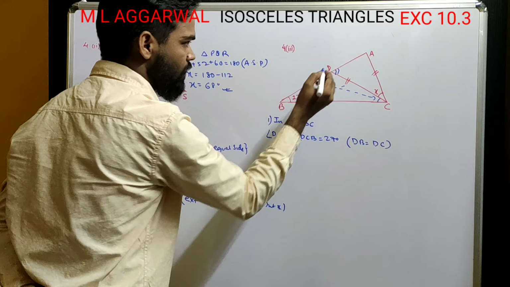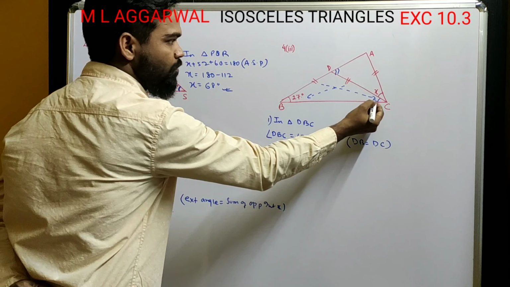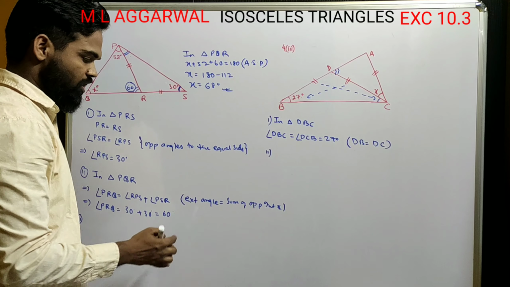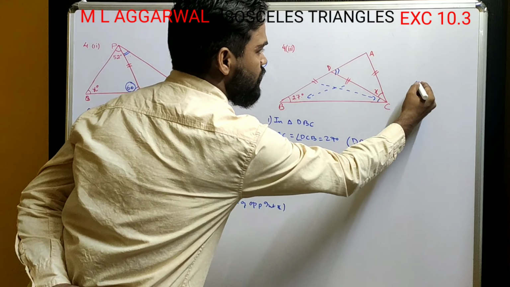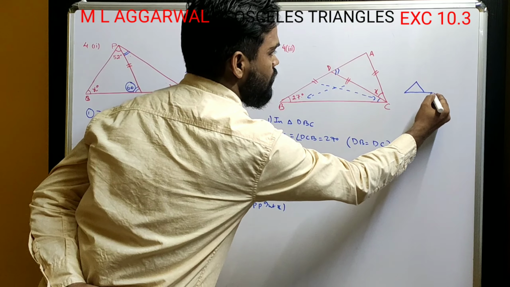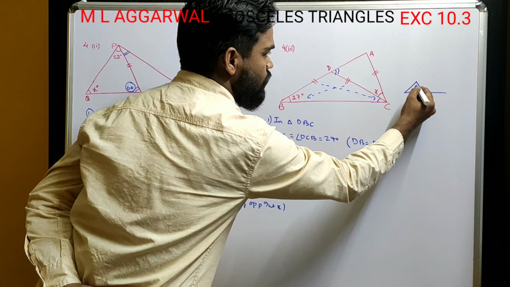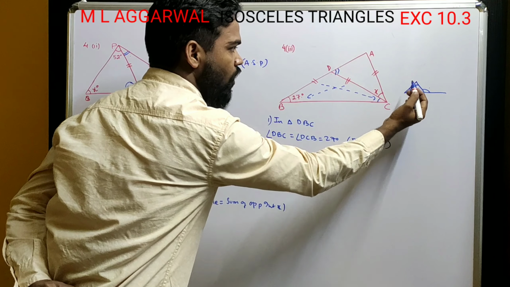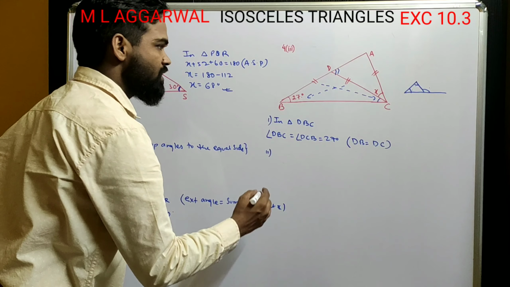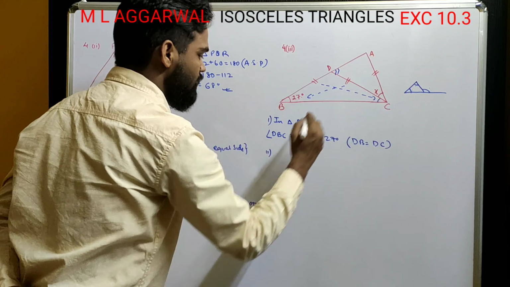This angle will be equal to this angle plus this angle. Exterior angle equals the sum of opposite interior angles. We have done that. If this is your triangle, then this angle is equal to this angle plus this angle. Exterior angle equals the sum of opposite interior angles, which means can I write angle ADC?